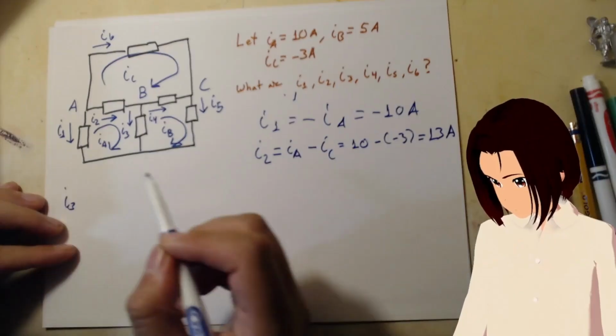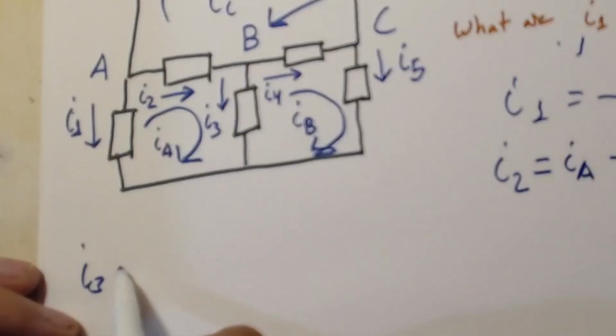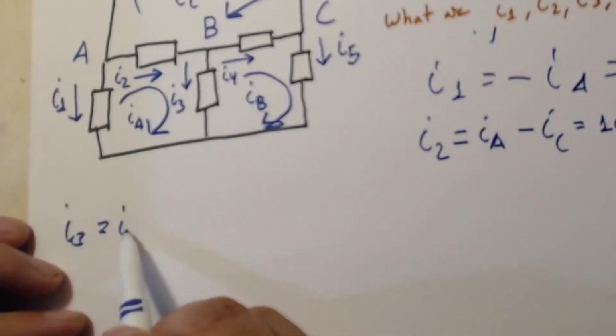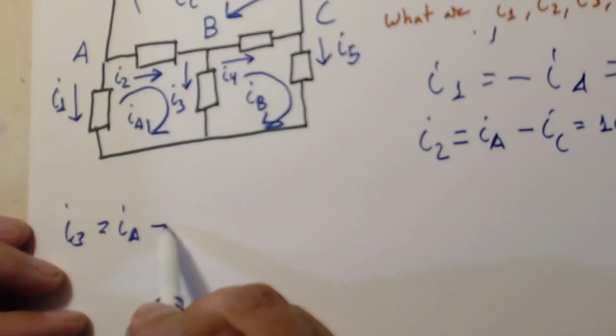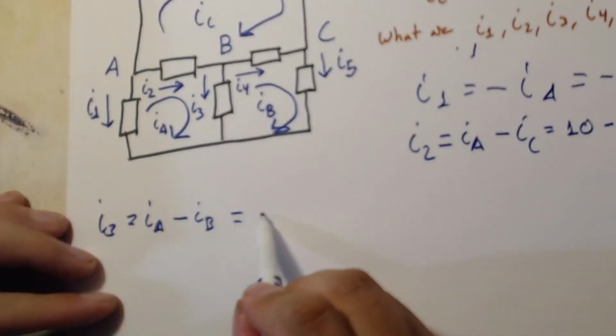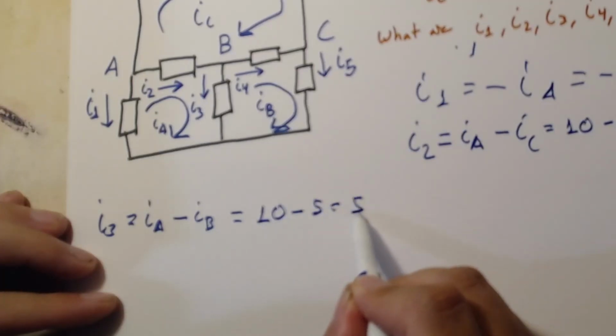Nice. I3 is the same thing. I3 is equal to IA minus IB. We have 10 minus 5, that's just 5 amperes.